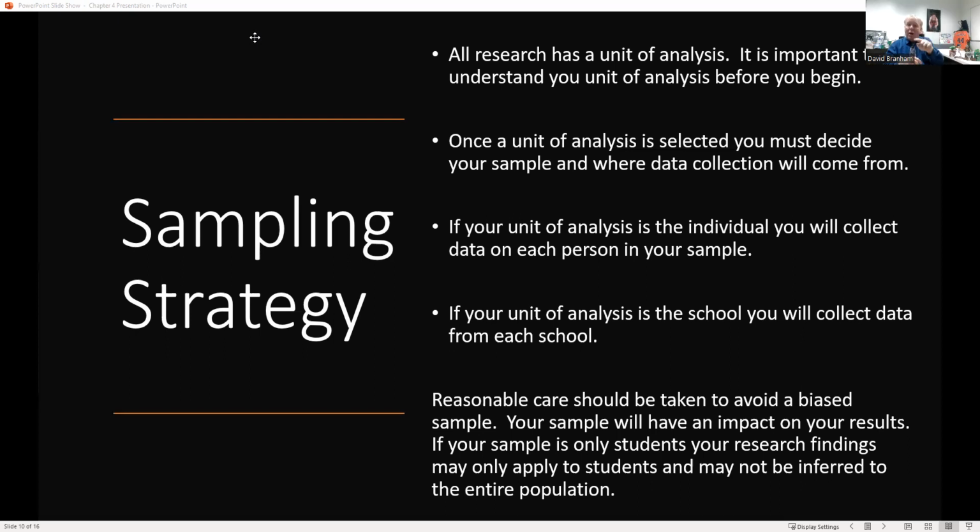So after that, once a unit of analysis is selected, you have to decide what your sample is going to be and where you're going to collect that data. For instance, if a unit of analysis is a person, your sample may be a group of people, and then you will be actually surveying that group of people or coding that group of people. If your unit of analysis is a school, for instance, I did an article on school infrastructure. My unit of analysis was the school, and my sample came from Houston Independent School District.